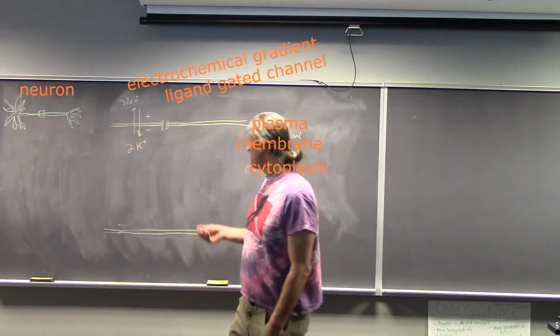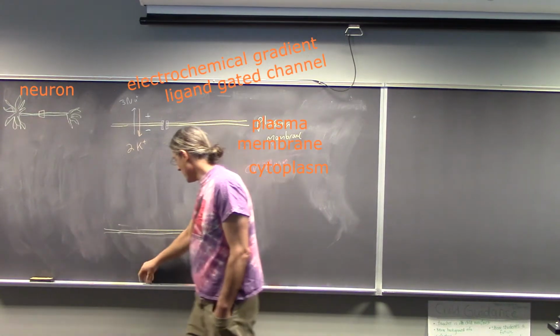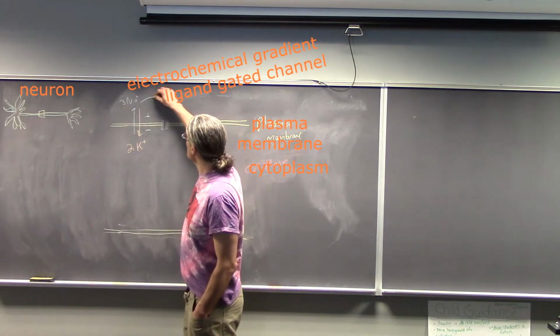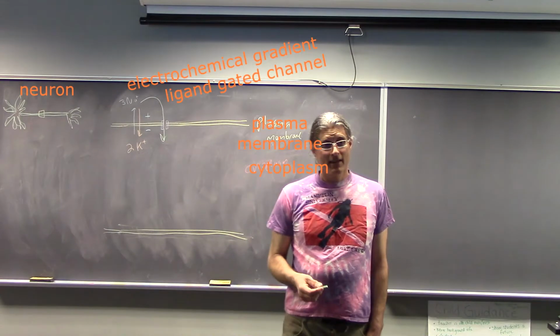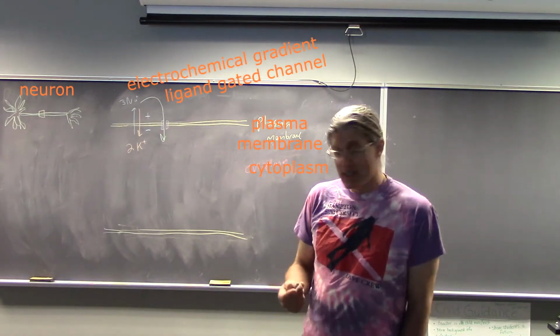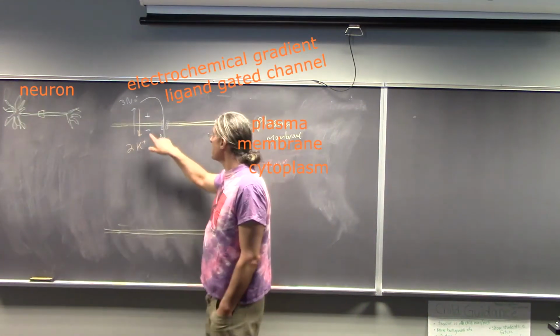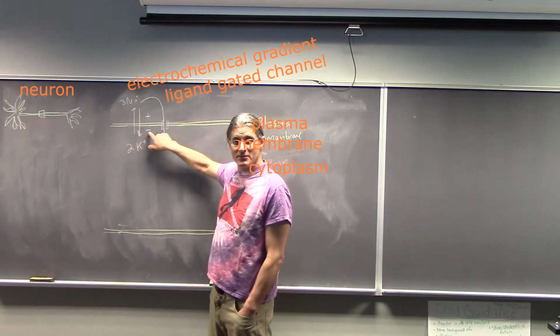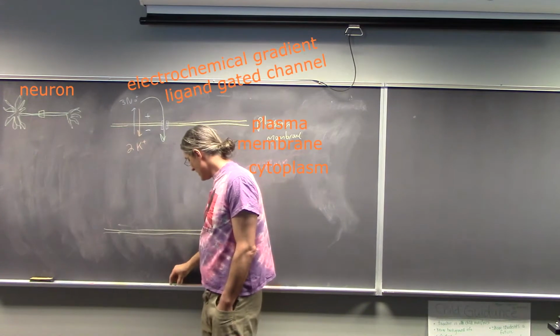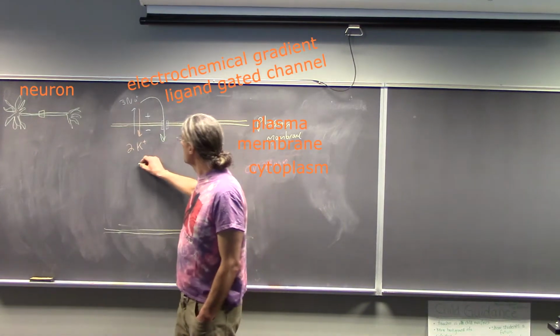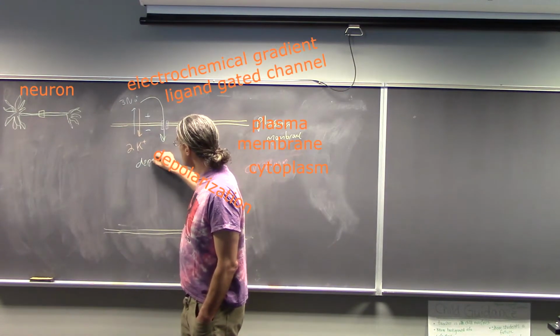And what they have the effect of doing is allowing the movement of the sodium ions into the cell. And that movement into the cell has the effect of reducing this negative charge. And that reduction in the negative charge, I will use green, is called depolarization.